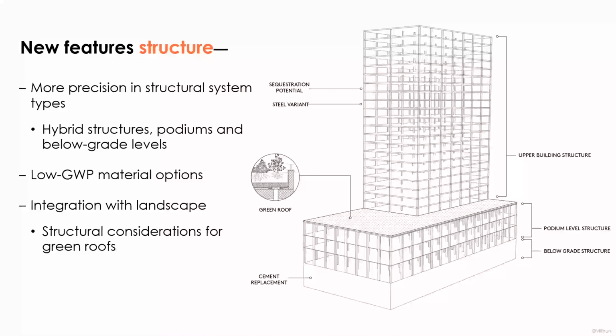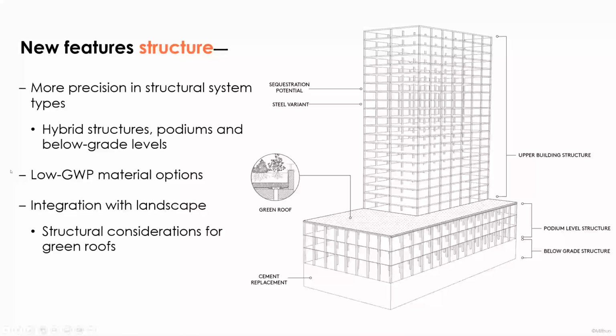That includes both allowing for hybrid structures, but also, as Sean and I have mentioned, really partitioning our buildings, especially structure, into below grade, any sort of podium level, and an upper building structure, recognizing that most of our Methuen projects are built this way with a podium and another type of upper above grade structure.